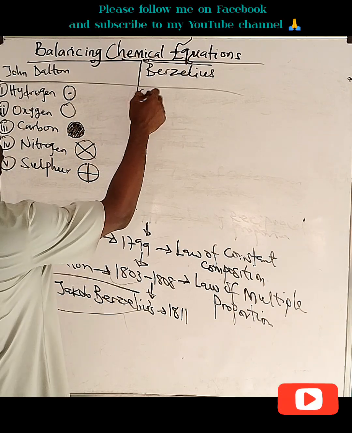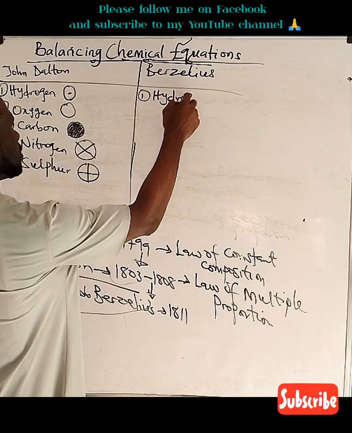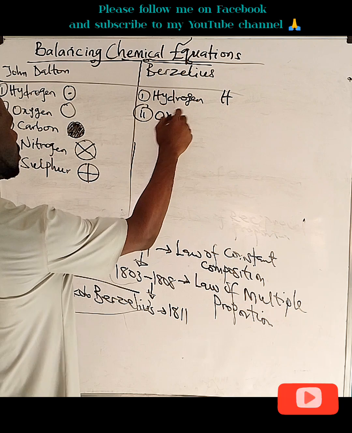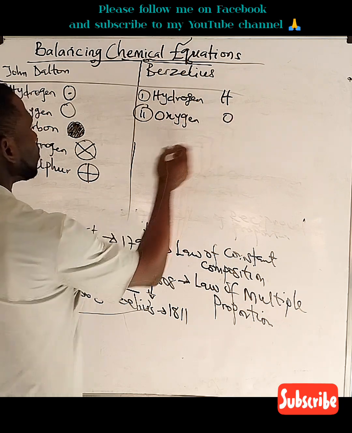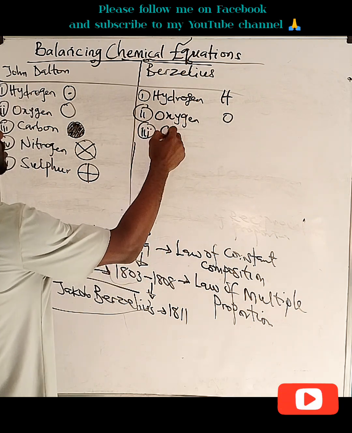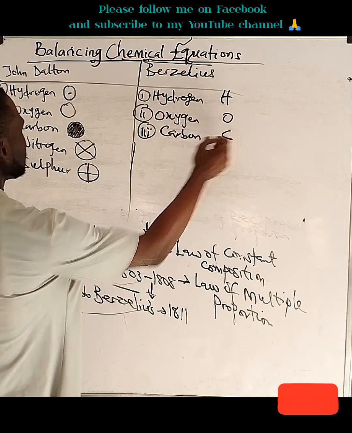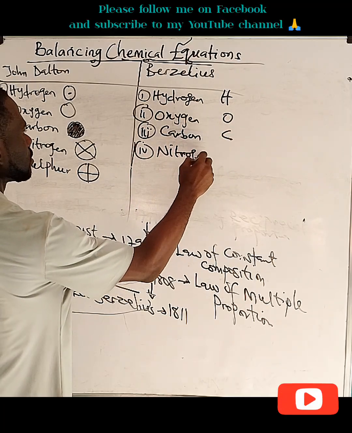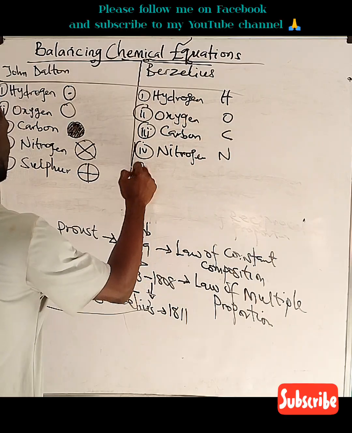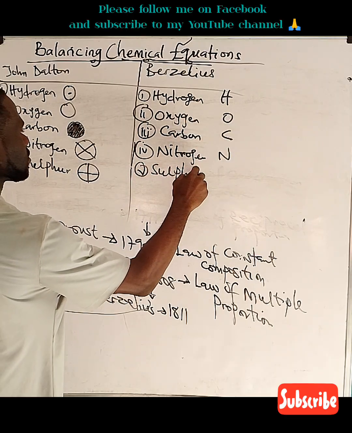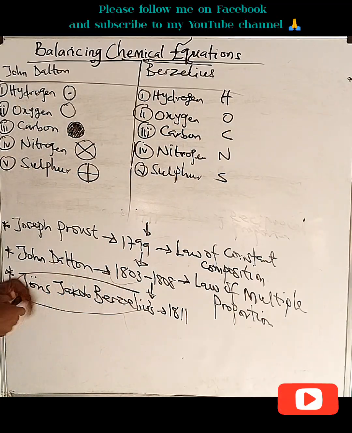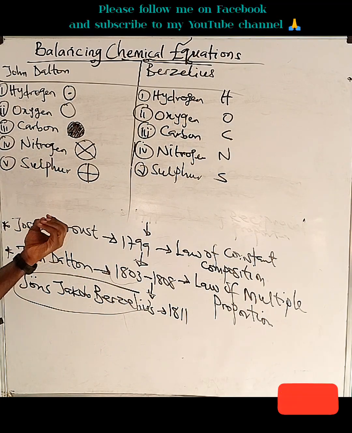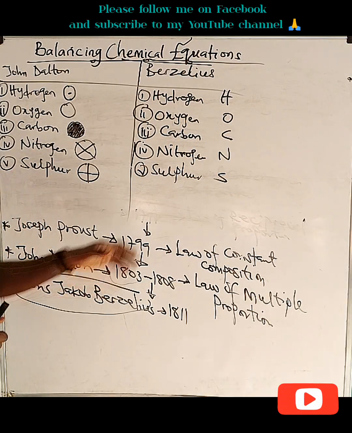For hydrogen, according to Berzelius, it is H. Oxygen is just O. Carbon is C. Nitrogen is N. Then sulfur is S. So you have a whole lot more of John Dalton's chemical images representing elements, and those of Berzelius also.